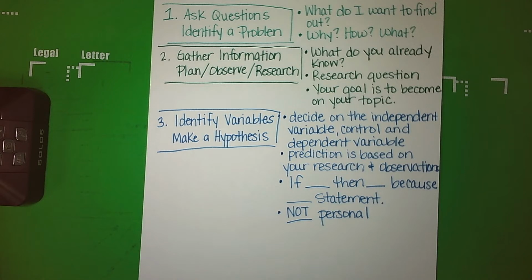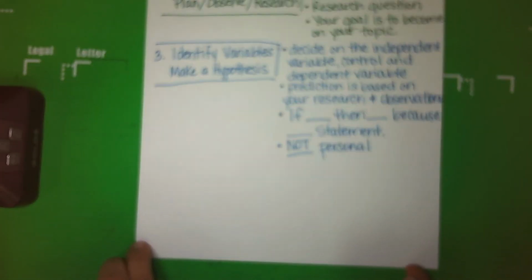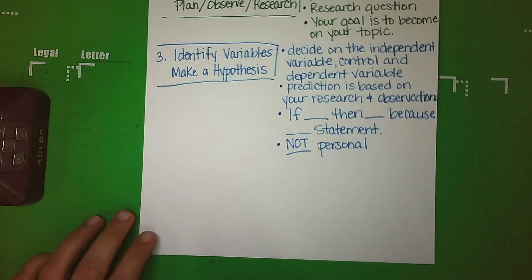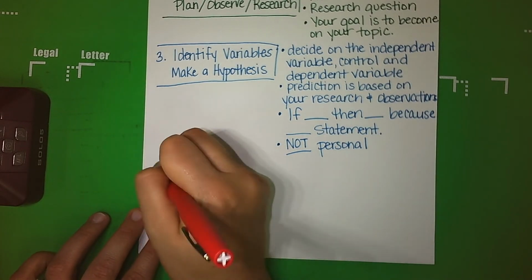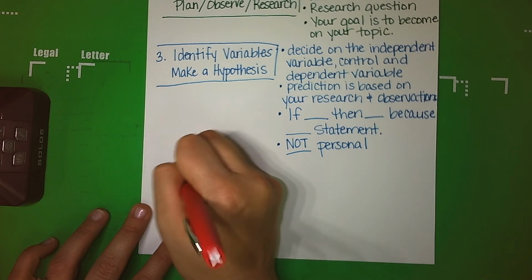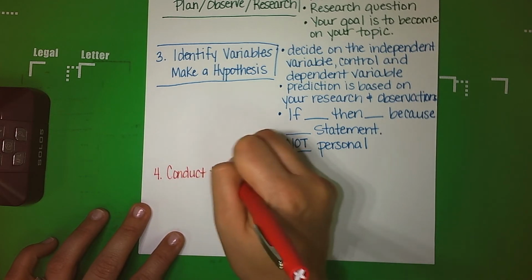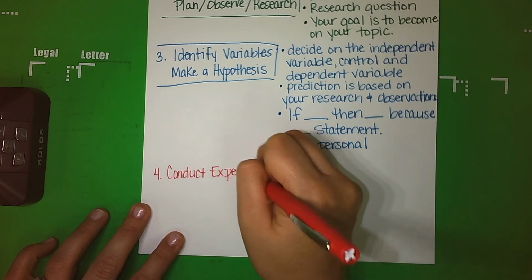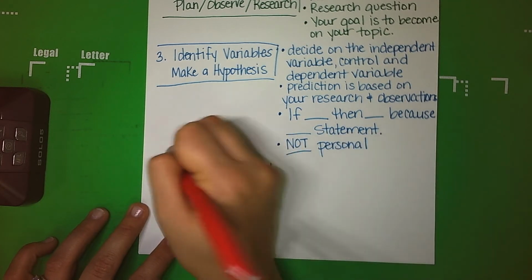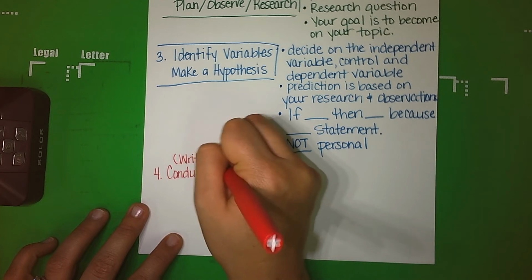Okay? So after you have made your hypothesis and you have figured out what you're testing and how you're going to test it, because you have your variables set, you can then conduct your experiment. Okay? So you're going to conduct experiment. Alright, so you write procedure and follow.